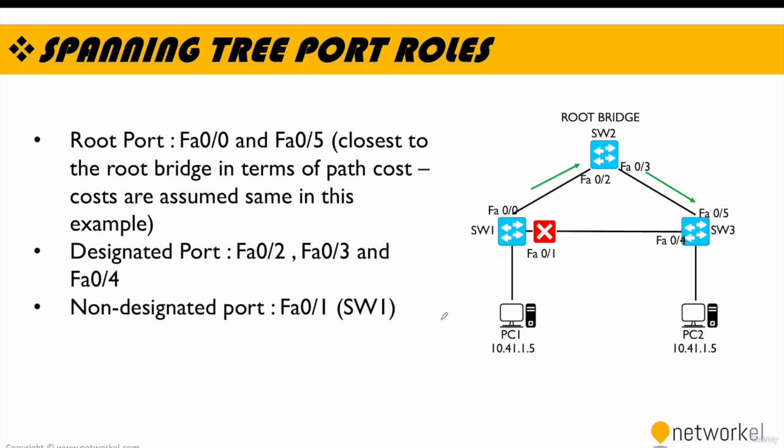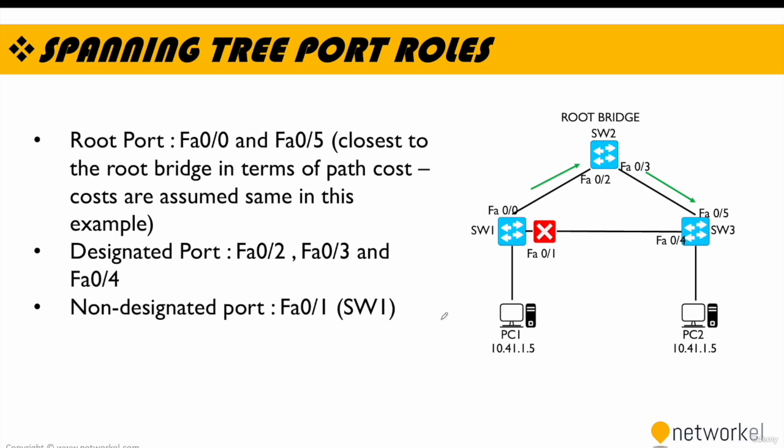In summary, root port is the port with the lowest cost path to the root bridge on non-root bridges. Okay, designated port is the forwarding port for traffic on a segment, and blocked port is the blocked port.